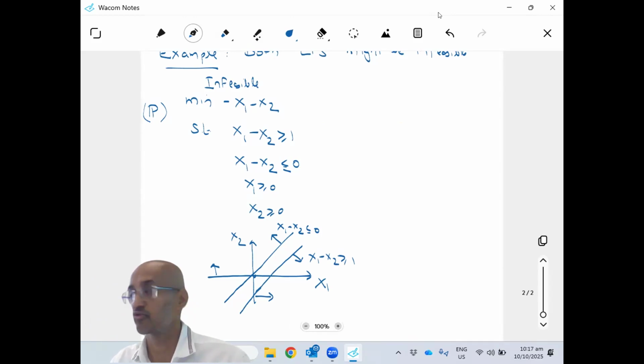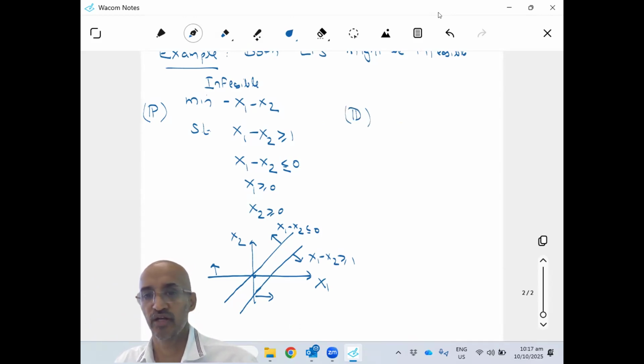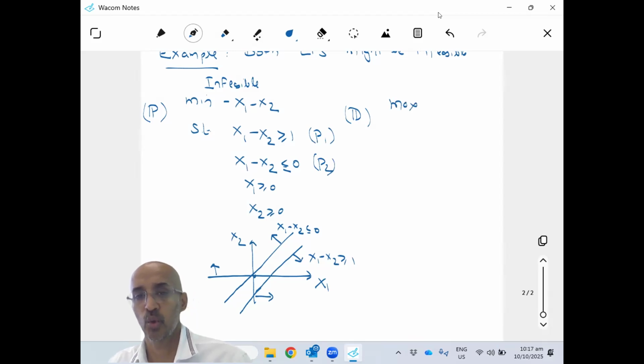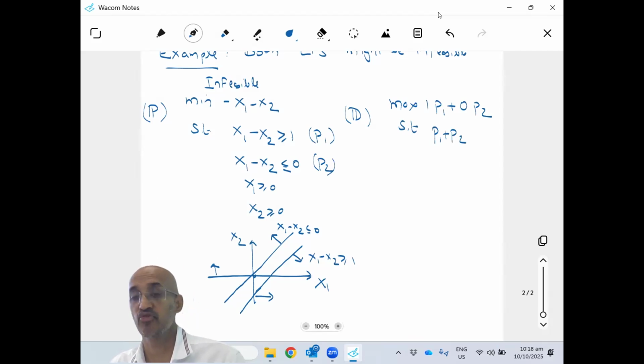So let's write the dual. There's a dual variable for each constraint. If I assign P1 to this constraint and P2 to the other, this would be maximize 1 times P1 plus 0 times P2, subject to, checking the coefficients for x1, P1 plus P2 compared to minus 1, the coefficient here.